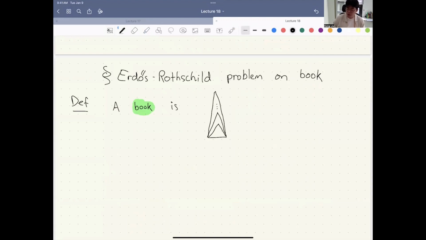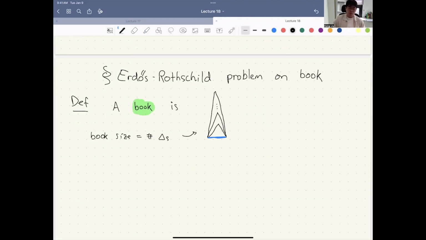A bunch of triangles sharing one common edge. This is the common edge. This is a book. The book size is the number of triangles in here. Easy.